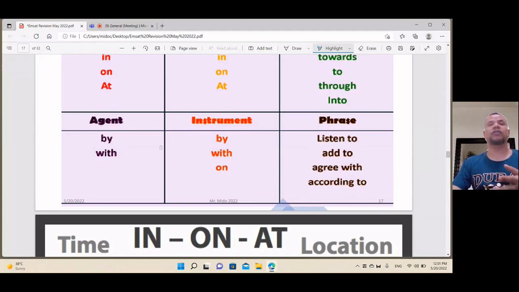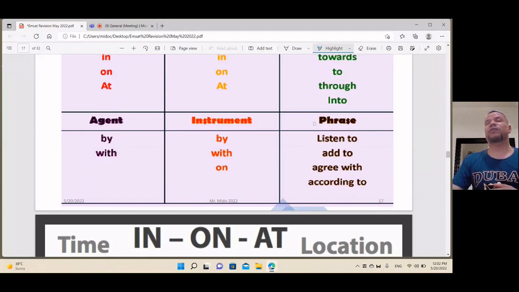Prepositions for an agent, like by and with, by Ali, by the school headmaster, or by the school principal, and so on. Prepositions for an instrument, like by, with, by a guitar, by a lute, by oud, and so on. By piano, okay, on a piano, I play on a piano.